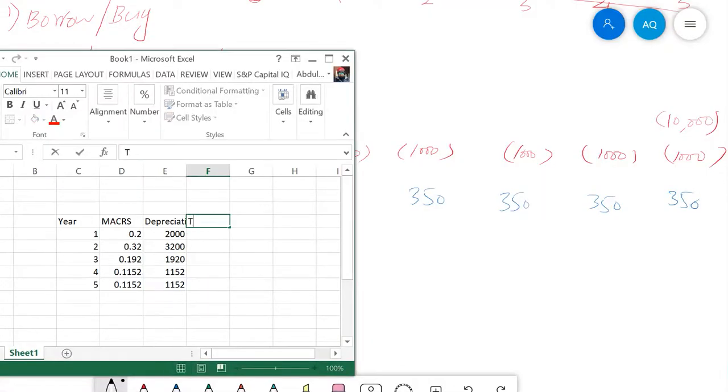And next is tax saving. So our tax rate is 35%. We'll multiply it with our depreciation, and we will have these numbers.